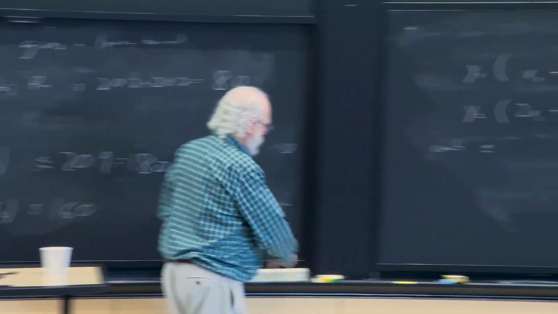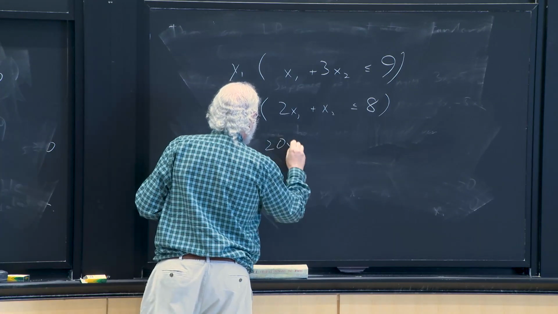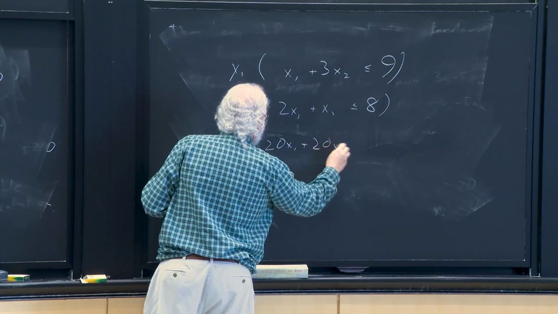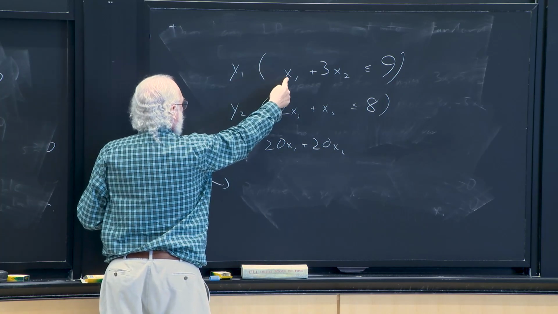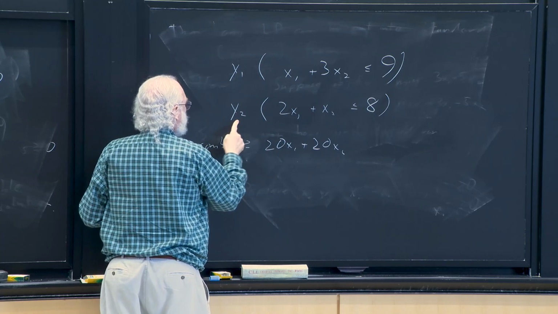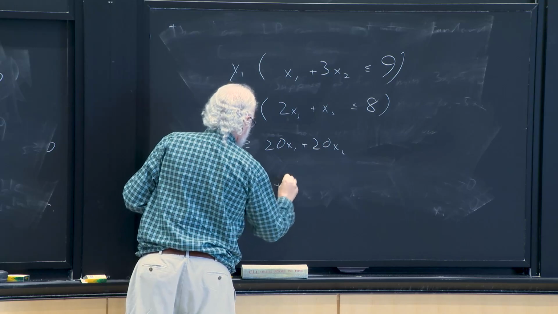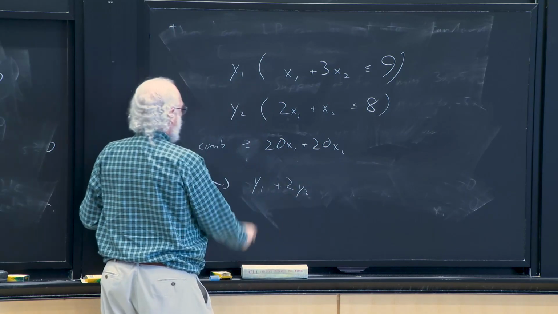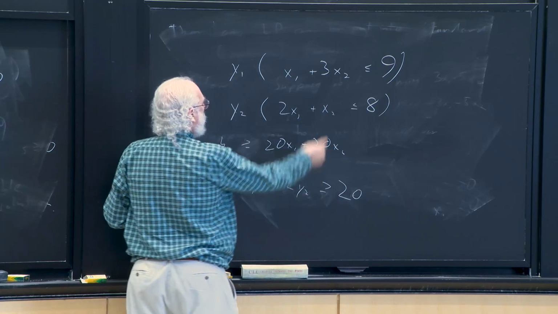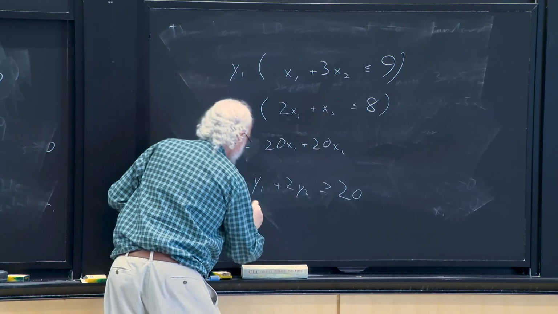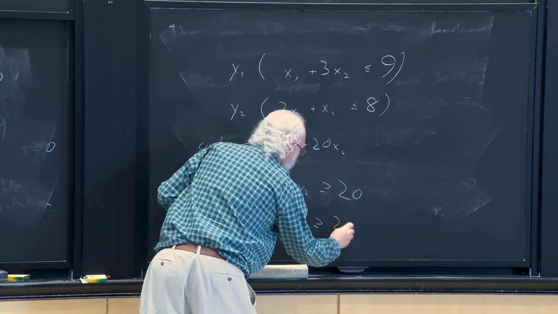So we want the combination to be bigger than or equal to 20x1 plus 20x2. So that tells us that y1 times 1 plus y2 times 2 had better be bigger than or equal to 20. And 3y1 plus y2 is also bigger than or equal to 20.